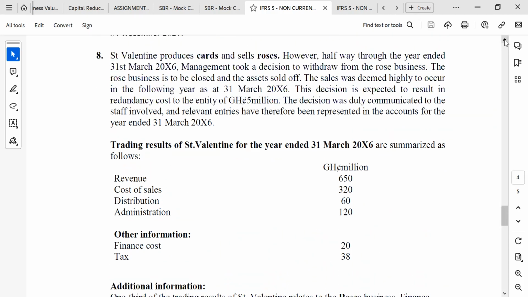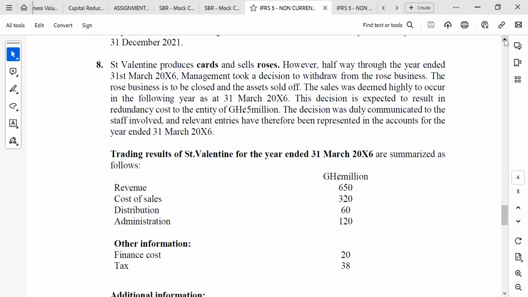Question 8. Saint Valentine produces cards and sells roses. However, halfway through the year ended 31st March 2006, management took a decision to withdraw from this rose business. The rose business is to be closed and assets sold off.